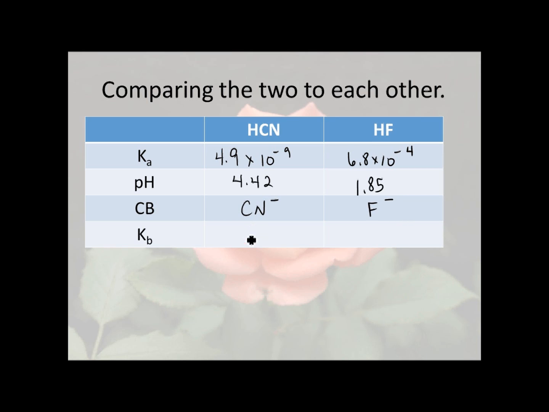The Kb for the hydrocyanic acid was 2.0 times 10 to the negative 6. And the Kb for the hydrofluoric acid was 1.5 times 10 to the negative 11. I'm going to add another column here and say percent dissociation. For the hydrocyanic, it was only 0.013%. For the hydrofluoric, it was a whole 4.7%.